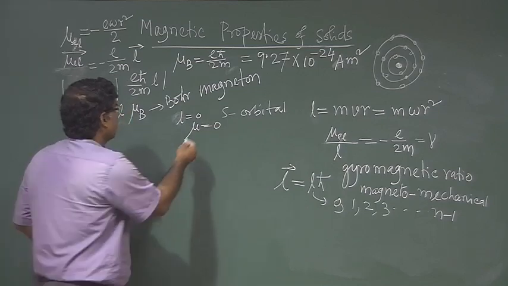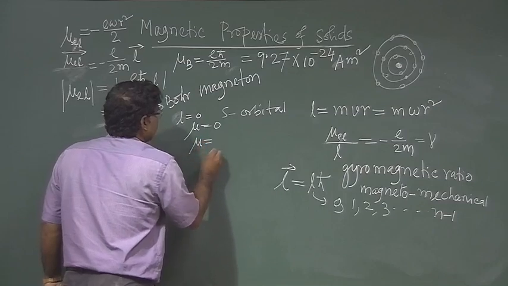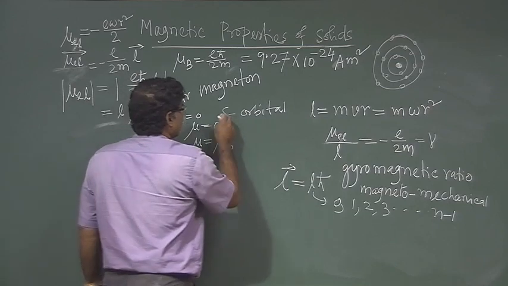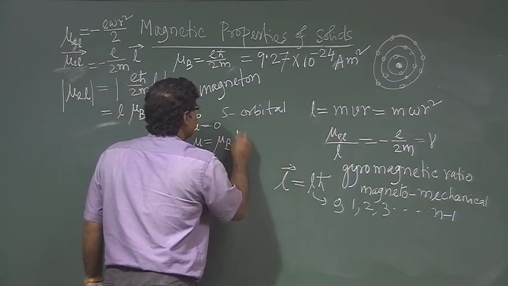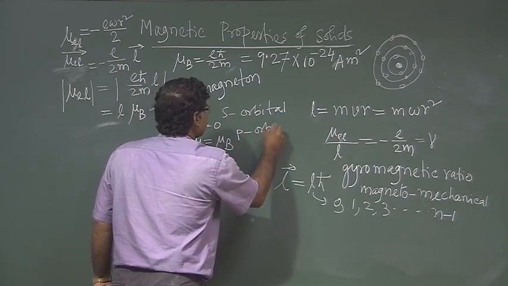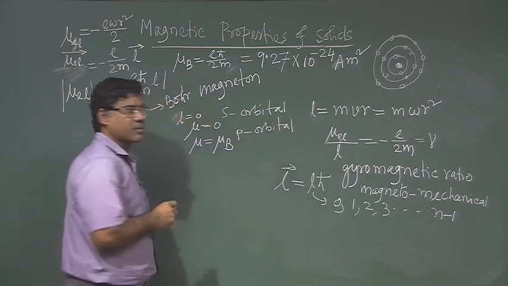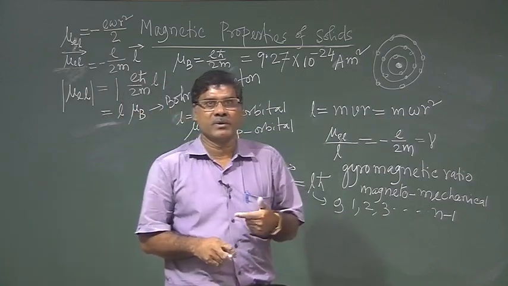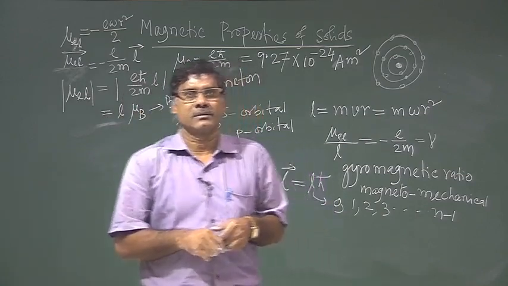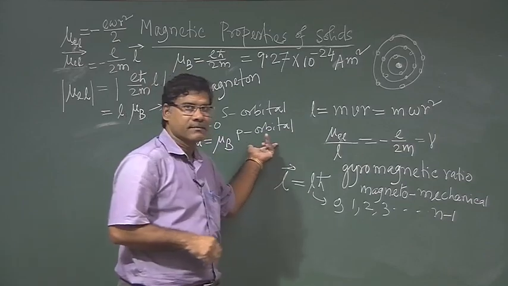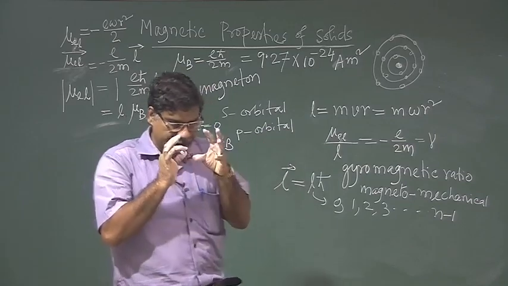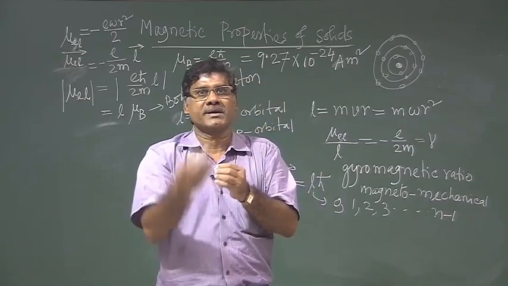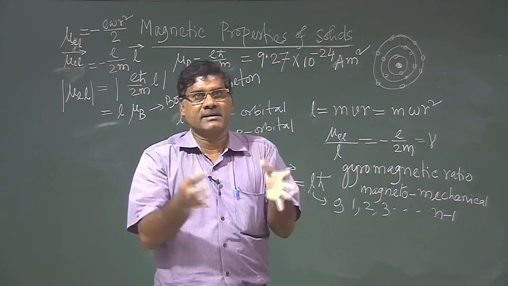Okay. So mu will be equal to mu B for p electrons, p orbitals, and mu will be equal to 2 mu B for d electrons. So electrons in an atom are in different orbitals, wherever they are.